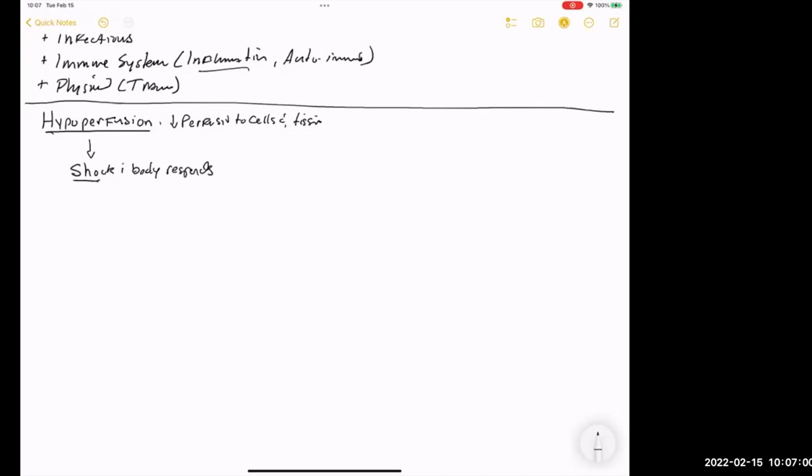So often we say that shock is not abnormal, right? Shock is rather a normal response to an abnormal situation, right? So think of hypoperfusion as the problem, and shock is what the body is trying to do about that problem, right? So shock is a way of compensating for hypoperfusion, all right? And there are lots of things that can happen with shock, and I'll just briefly mention them in general, right?